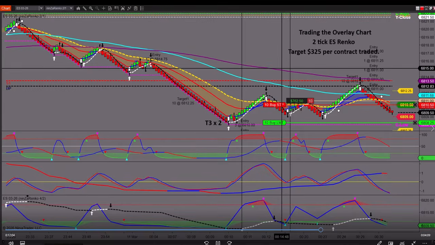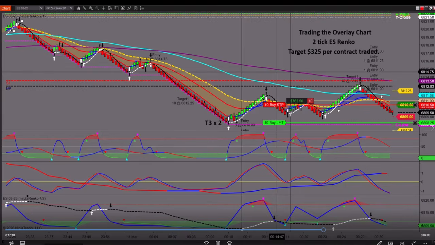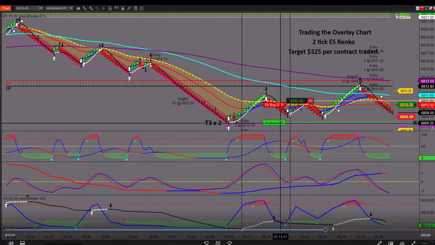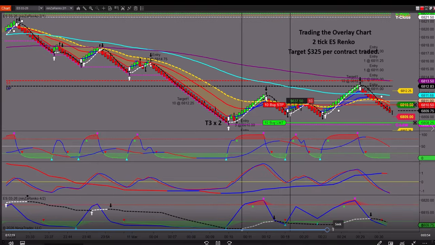So as we're coming down, now you can have it set up on your ATM where you automatically go to break even, which is something I've done. Now it's automatically sent me a break even, and when I say break even, that's my entry price plus 1 tick. I usually like to add one tick which covers commission.